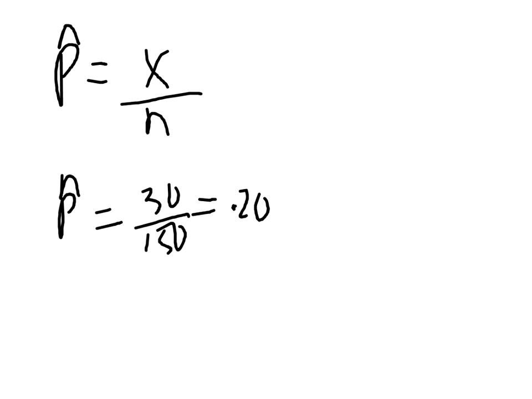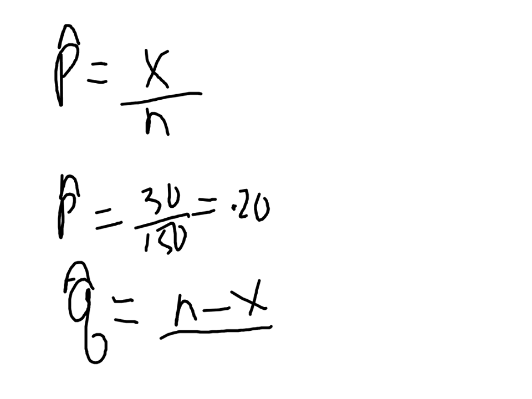Now they've got a rather involved formula here for q hat, but q hat is defined as n minus x over n. Again, I hate it when this stuff gets wordy, but fortunately the formula is easier to use than saying it.